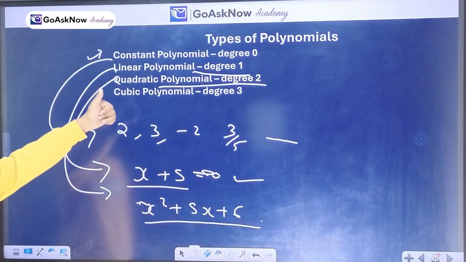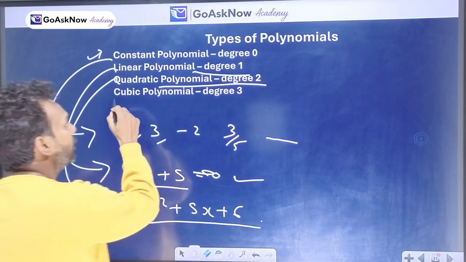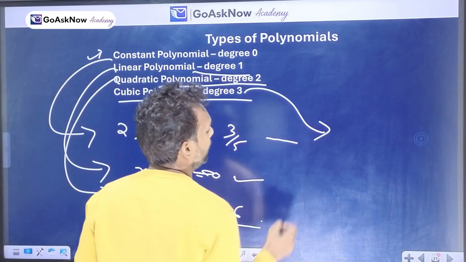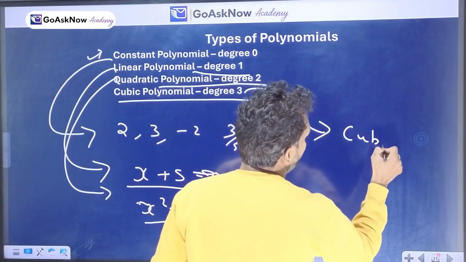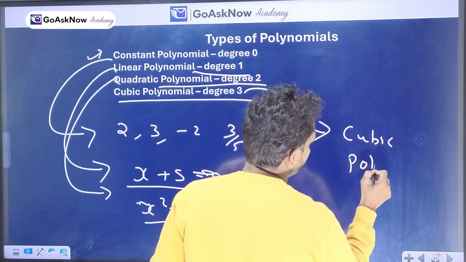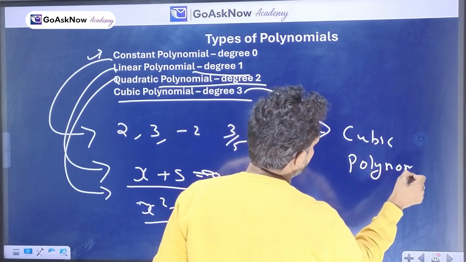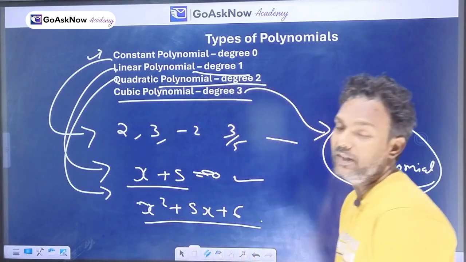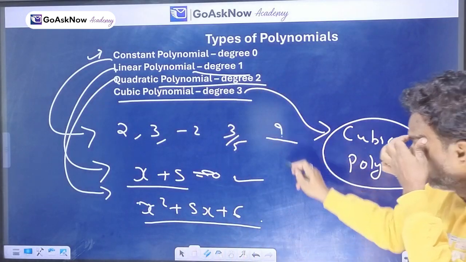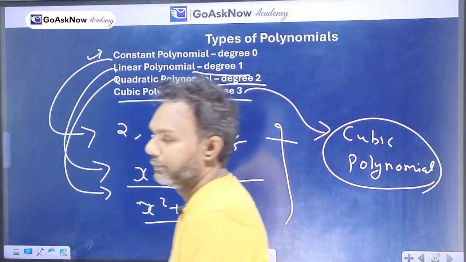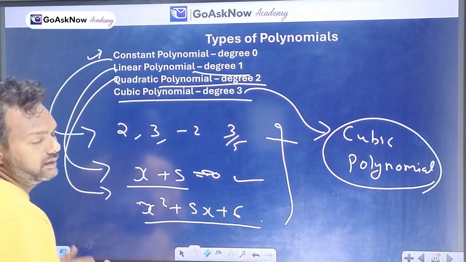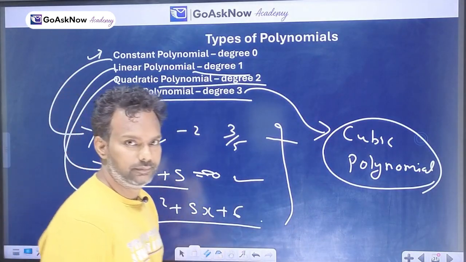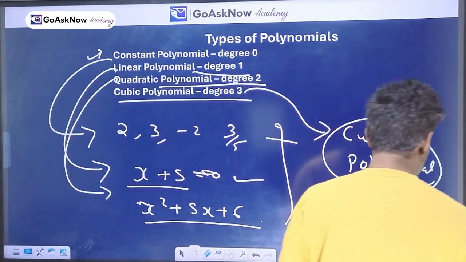And when the degree is 3, we will call it a cubic polynomial. Degree plays a significant role in this polynomial section. We will study it later in coming slides.